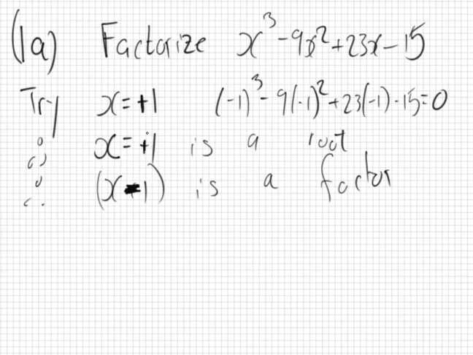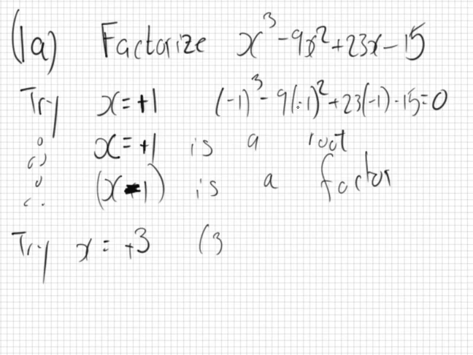Now, the nice thing is, remember, you're supposed to try all the answers from minus 3 to 3. Okay? So we try 1. Now, try x equal to positive 3. The number between the brackets is positive 1, right?